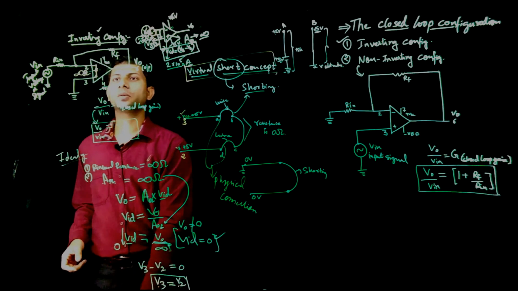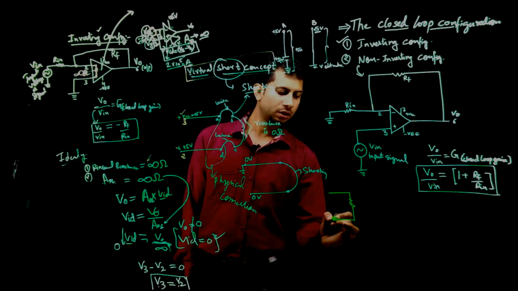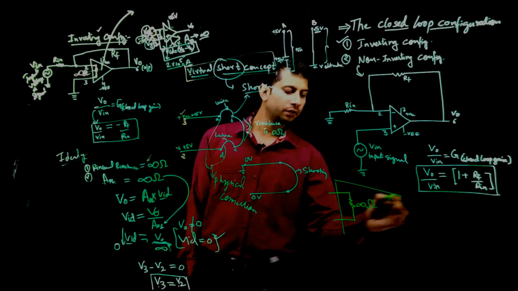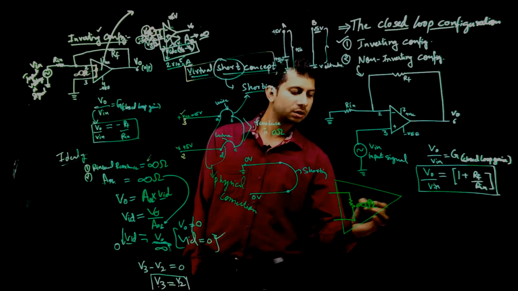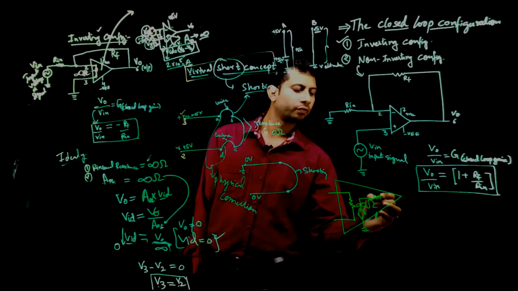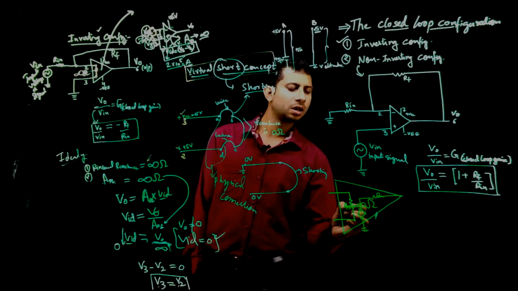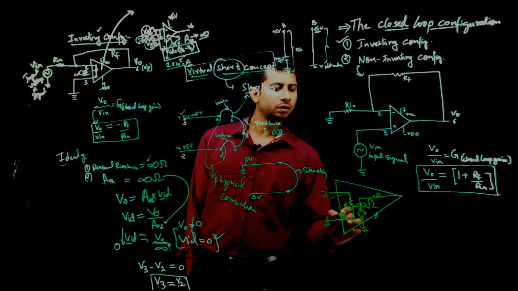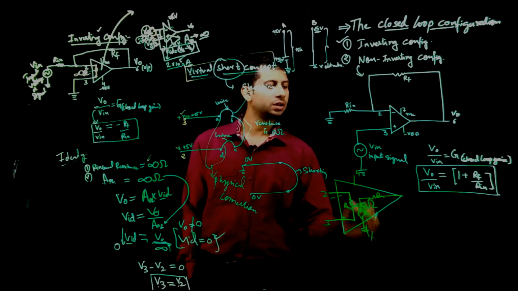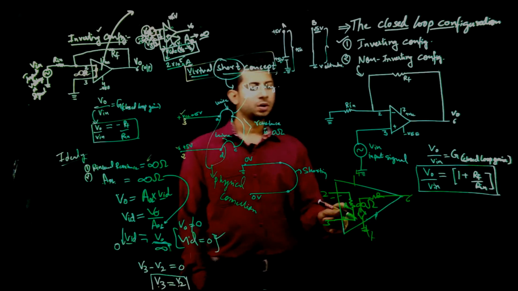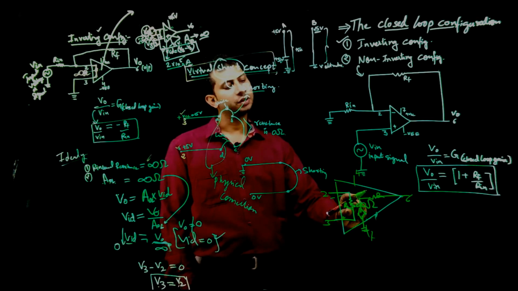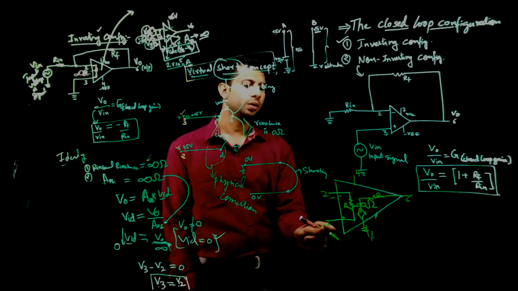What does this infinite ohm mean to us? If the internal resistance is at infinite, and we have already drawn the internal circuit many times like this, this is R0 and this is R internal, and this is pin number 2, pin number 3 of the operational amplifier, and 7 and 4 and 6. If this is at infinite, that means there is a very large value of resistance existing between pin number 2 and pin number 3.